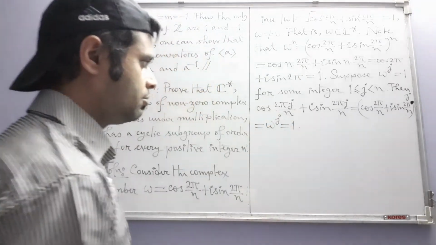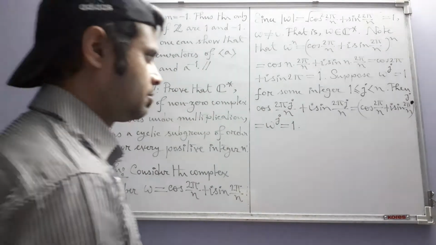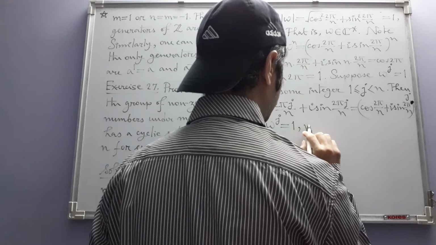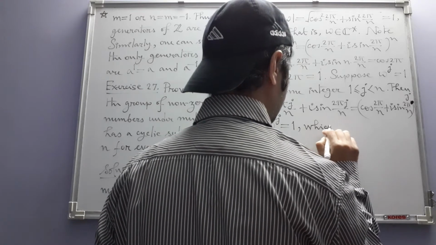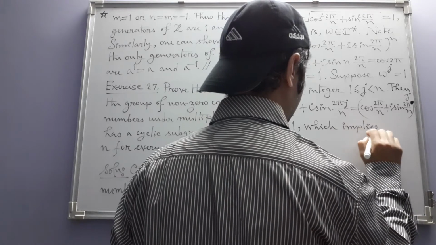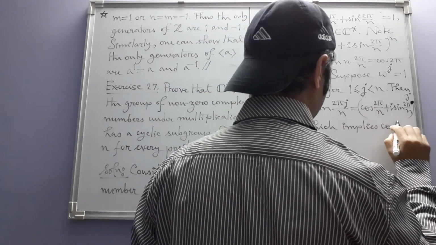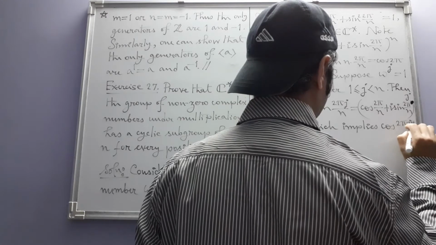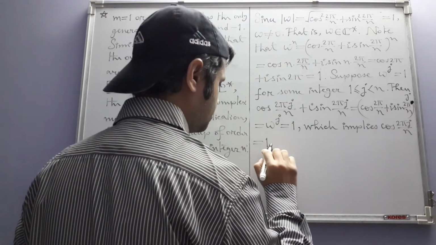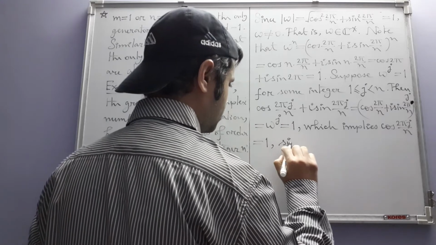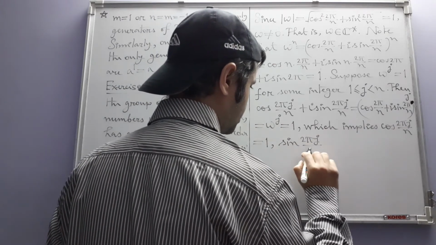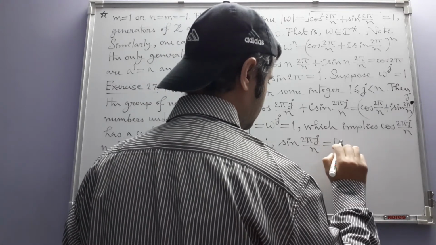This is equal to 1, which implies cos 2 pi j divided by n is 1 and sine 2 pi j divided by n is 0.